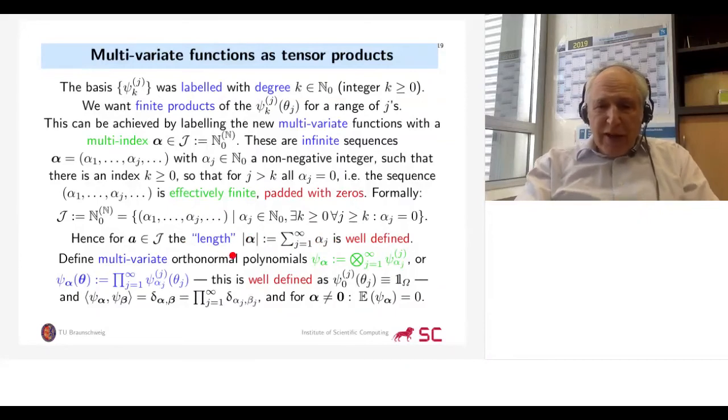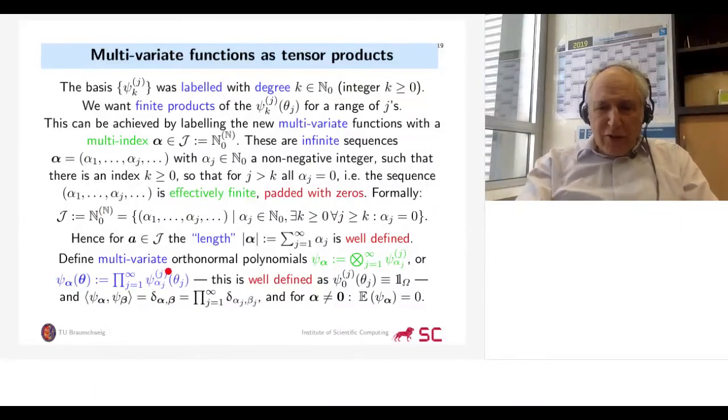Now we define these multivariate orthogonal polynomials as just products of these. We take one such multi-index, and then for alpha 1, we take the alpha 1-th polynomial in the variable theta 1. And for alpha j, we take the alpha j-th polynomial in the j-th random variable.